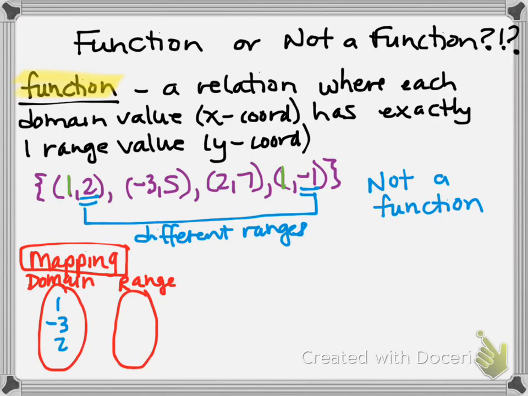Okay. So now I need range values. So what are the range values? Julia E.: 5, 7, 1, -1. So here's what mapping tells you to do.